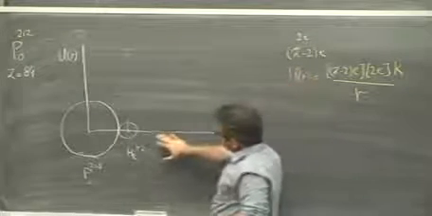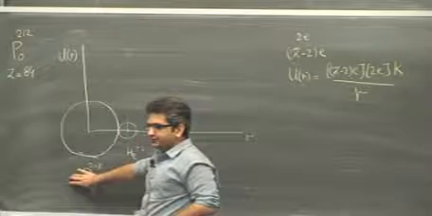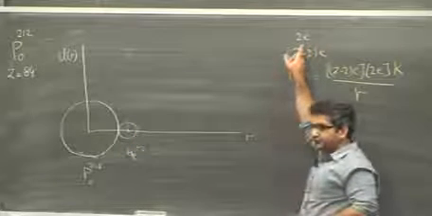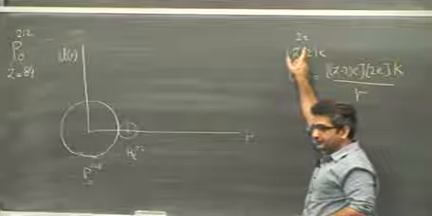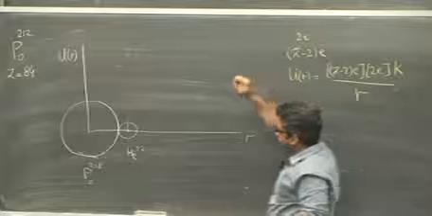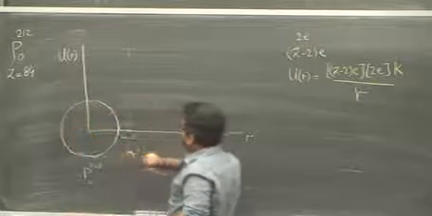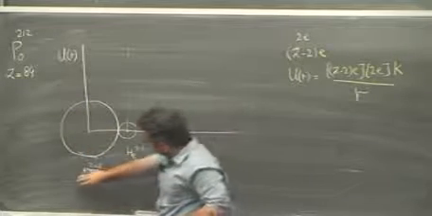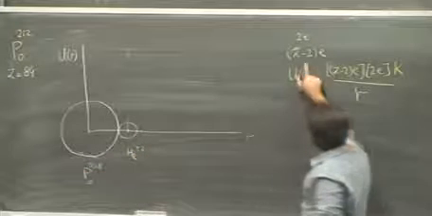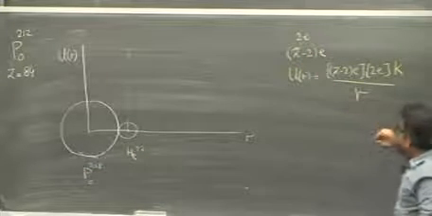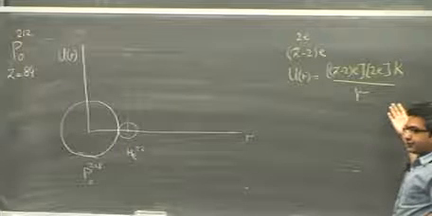So you have two systems, alpha particle and the rest of the nucleus. Alpha particle has charge positive 2e because it's 2 protons. If Z is the atomic number of the whole system, then the charge on the rest of the nucleus would be Z minus 2 times the electronic charge. Now you write the Coulomb potential.